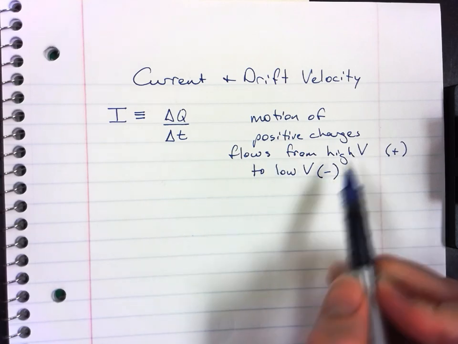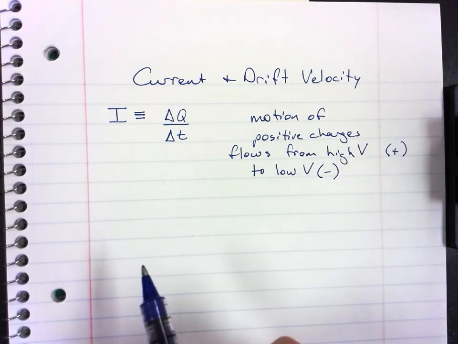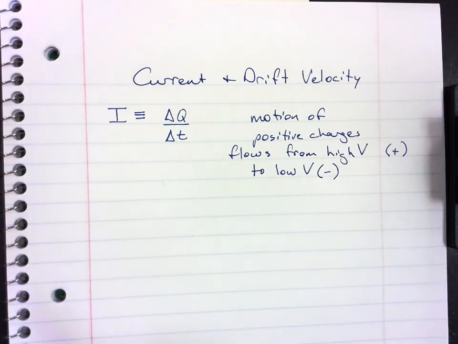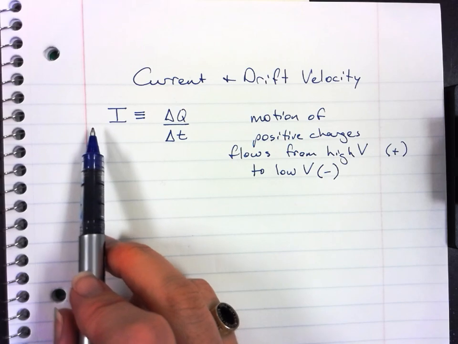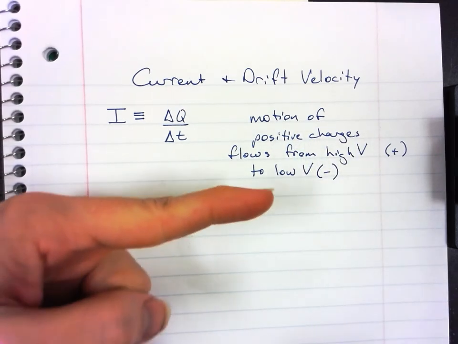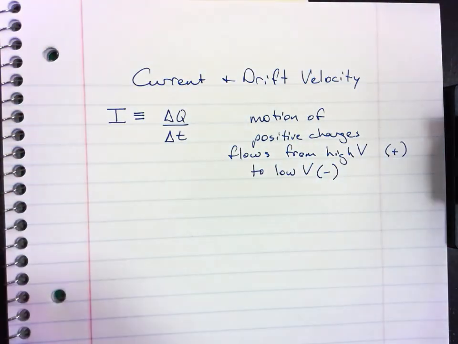Electrons do not go from high potential to low potential. Electrons go from low potential to high potential. So the physical properties of what's happening in the wire are the exact opposite of this definition. But here's the nice thing, it doesn't actually matter. By defining conventional current, it's now sometimes called the motion of positive charges, even though it's physically negative charges. Positive charges going to the right, negative charges going to the left, you have the same effect.